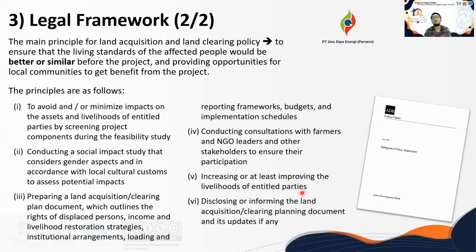Fourth is to conduct meaningful consultation with the farmers, affected people, NGO leaders, and other stakeholders to ensure their participation in this project. Fifth is to increase the livelihood of the entitled party. And sixth, to discuss or inform the land acquisition or land clearing planning document and its updates, if any.